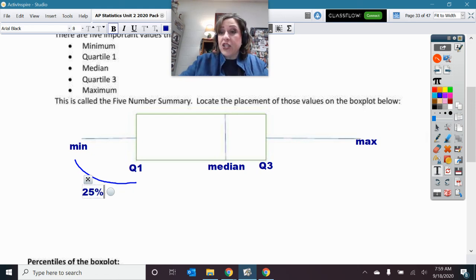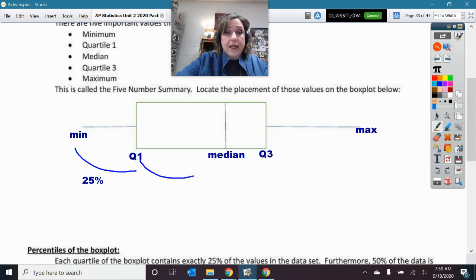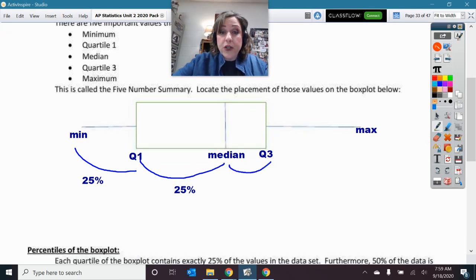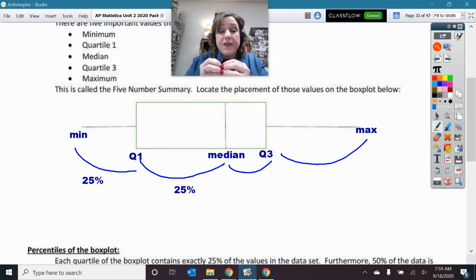And so that means from Q1 to the median, that is representing another 25% of the data. So what that tells me is if I had 20 pieces of data, I've got 5 pieces of data from the min to the Q1, 5 pieces of data from the Q1 to the median, and so on. So each one of these quartiles is indicating 1/4 of the numbers in the data set.